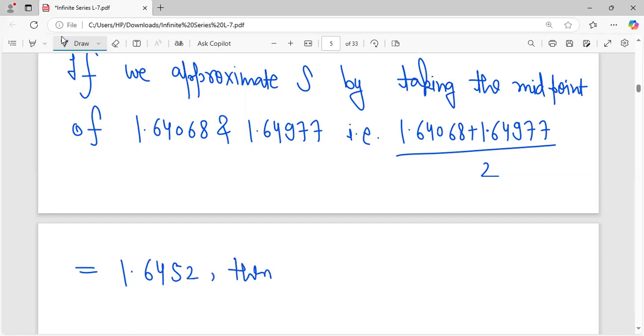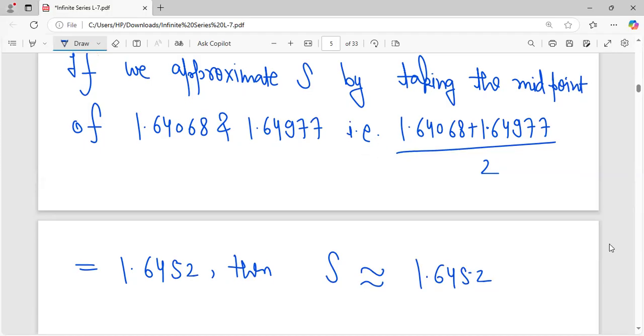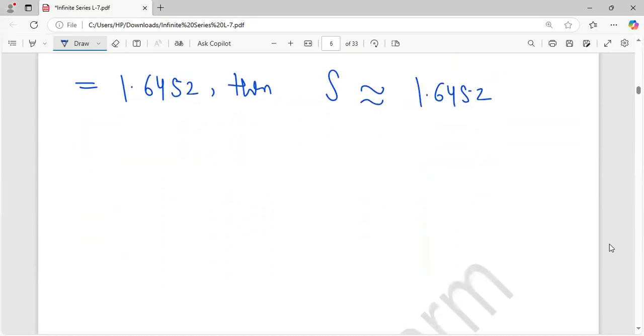Then, because this is the partial sum, we are approximating S by taking the mid value of this. It means we are taking S equal to 1.6452. And this is just the summation of the series.